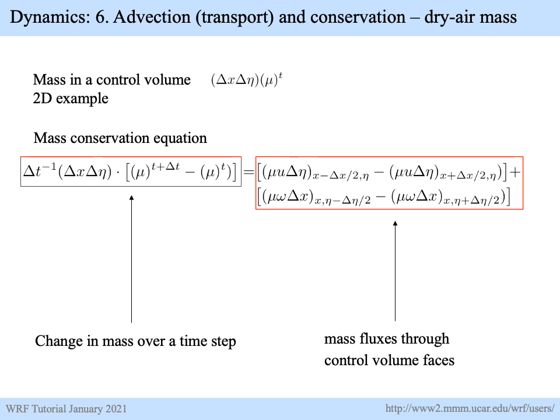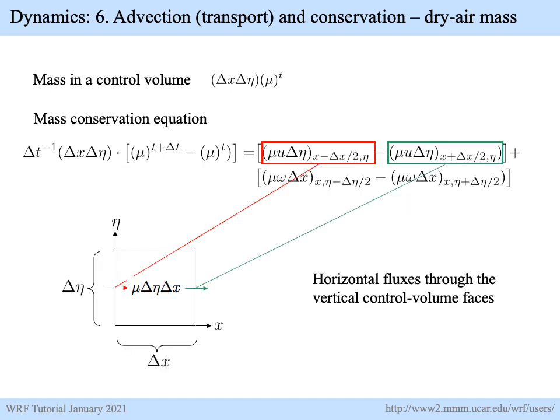Here we've got mu times a velocity u, or mu times a velocity omega. If you remember, those variables, mu u, mu omega, are essentially our prognostic variables. We can relate omega to w and the horizontal velocities through an equation that's very easy to implement. These are called the mass fluxes through the control volume face.